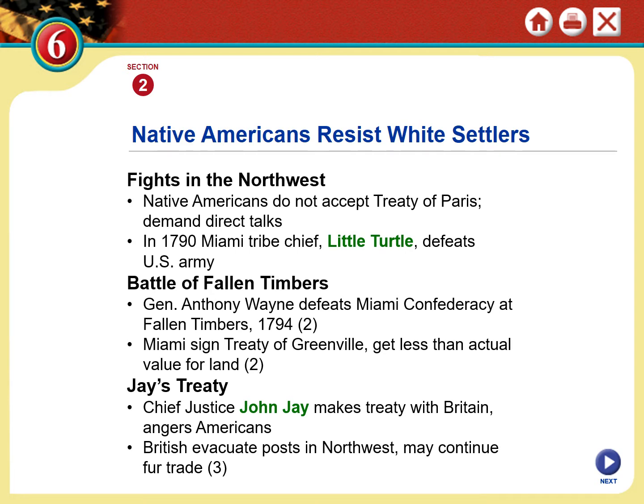And, of course, the Treaty of Paris, the peace agreement that we made with Great Britain ending the War of the Revolution, included territories that belonged to Native Americans. If you remember, the Native Americans had not been invited to the peace agreement between the United States and Great Britain. And so many Native American tribes did not recognize that treaty because that treaty granted the American colonies lands from the coast all the way to the Mississippi River.